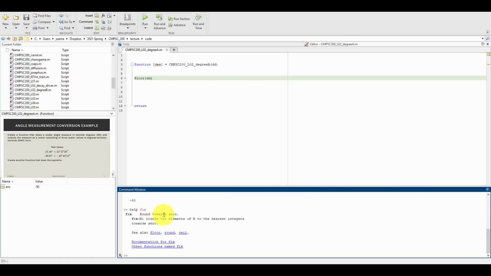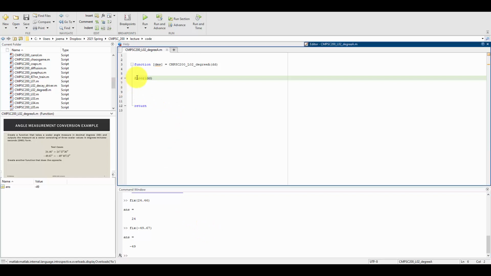Fix rounds the elements to the nearest integers towards 0. So actually fix is the one that's going to work for us. It should. So let's just quickly test it. That gives us the 24, so that's okay. And the negative 49.67, this is correct. This is just going to pick off that whole number part. So actually fix is what we want.